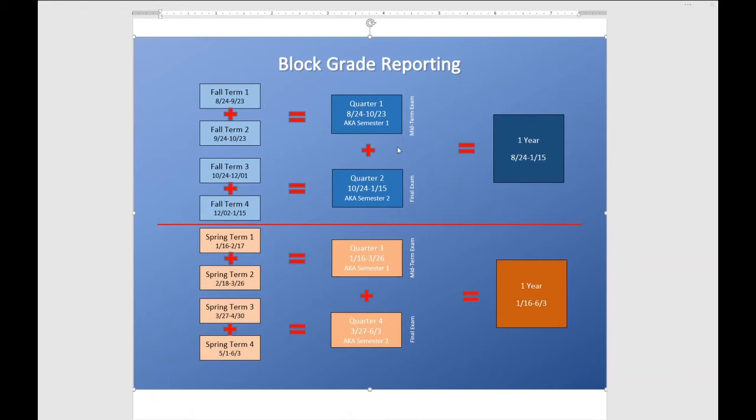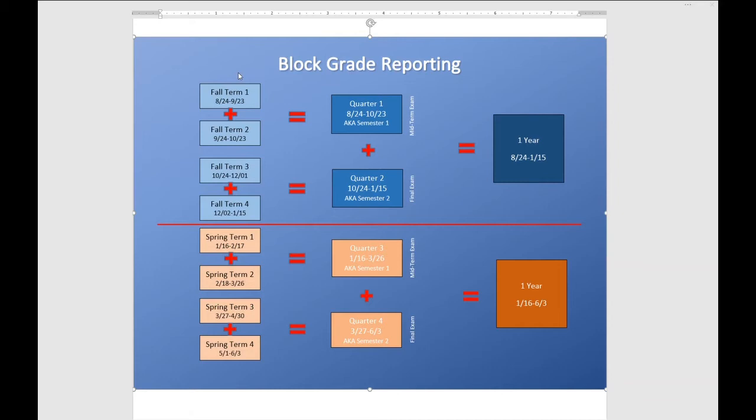And as you would all expect, at the end of a semester, you either have a midterm exam for a year-long credit class, or you have a final exam if it's a semester class. And if your student does in fact have a semester class, then they are going to physically change classes on their schedule on 10/24 for the second half of the fall term, because this is a second semester within the school year.